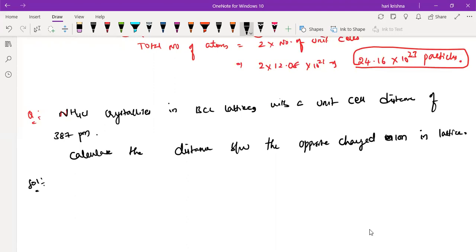Yesterday we discussed it, right? This one, the relationship between the distance d and the a in the case of BCC. Anybody remember the formula? I gave you the direct formula. In the case of FCC, it is rc plus ra equal to a by 2.